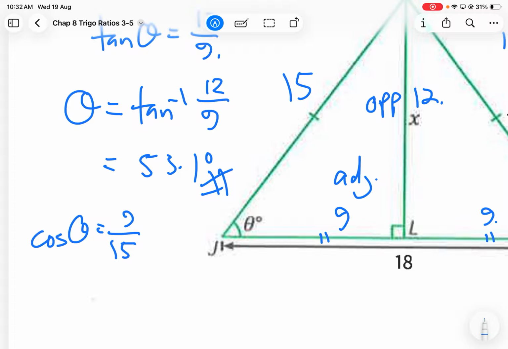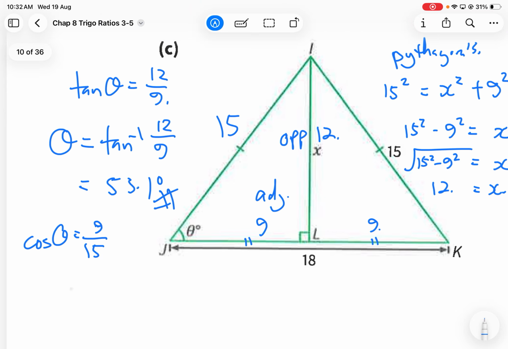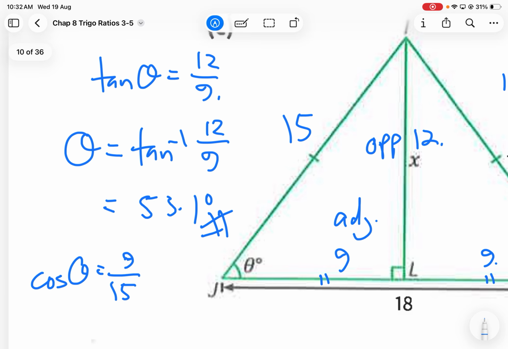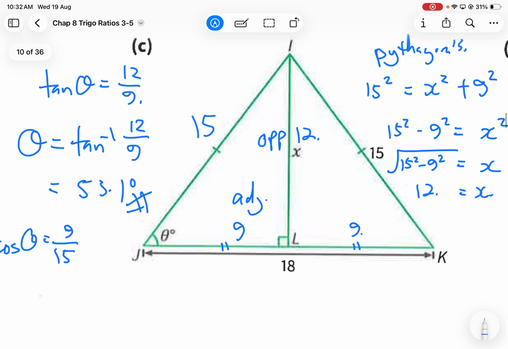And actually this one will be more accurate, or let's not say more accurate, it is a safer method because 15 is given. When they tell you here 15, here also 15. So 15 is what was given. 9 is also given. 18 divided by 2 you get 9. But when I use x as 12, I found x.